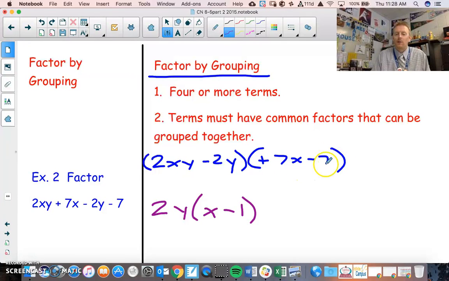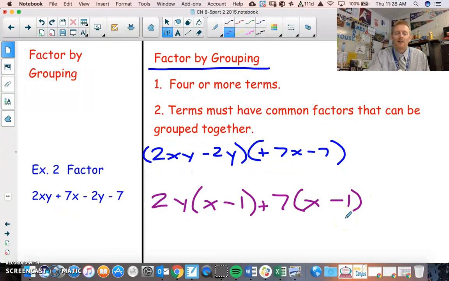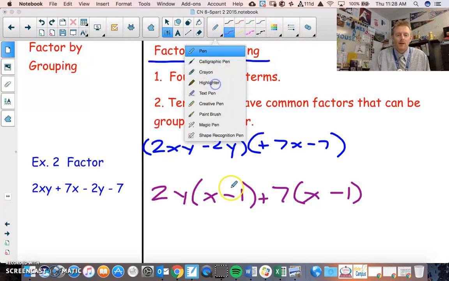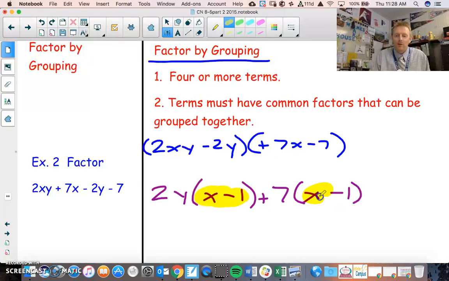On this one, I'm looking to divide out a 7, so I put plus 7. I'm left over with an x and a minus 1. Exactly what we wanted to have happen, happened. Fancy that. We wanted our leftover stuff to be the same.